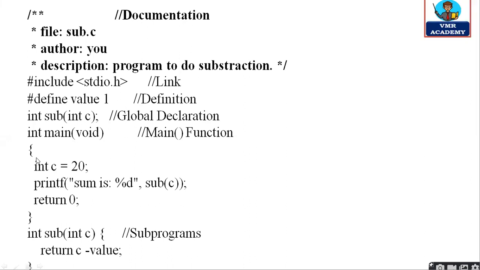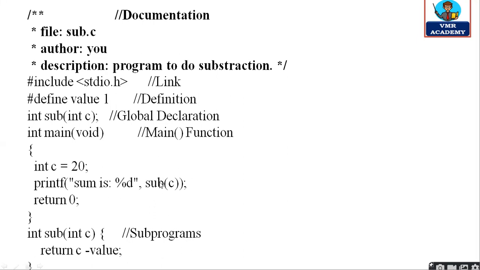Okay. In this main program, I'm declaring a variable int c equals 20 and printing. Actually I should write sub here, sorry, but I had written sum. Such types of errors are nothing but logical errors.